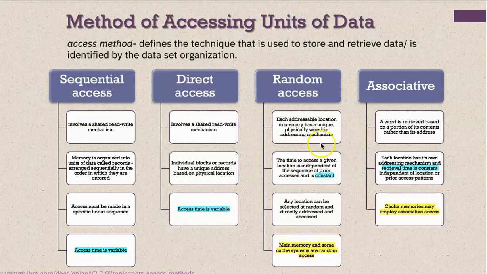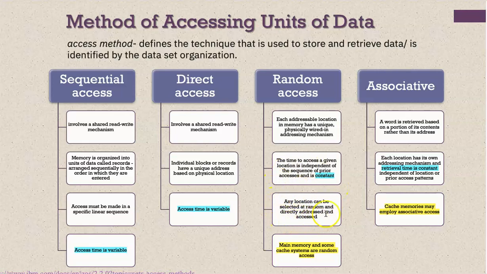And then we have random access, whereby each addressable location in memory has a unique physically wired addressing mechanism. The time to access a given location is constant, and the main memory and some cache systems are typically random access. So the good thing about random access is that any location can be selected at random. You don't have to follow the sequence, and it is directly addressed and accessed.